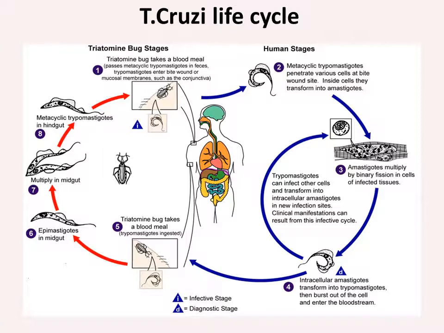This slide shows the life cycle of Trypanosoma cruzi. As you see in the figures, and as I mentioned in the previous slide, the life cycle of Trypanosoma cruzi involves the Reduviid bug, Triatoma, or kissing bug as the vector, while both humans and animals are reservoir hosts.